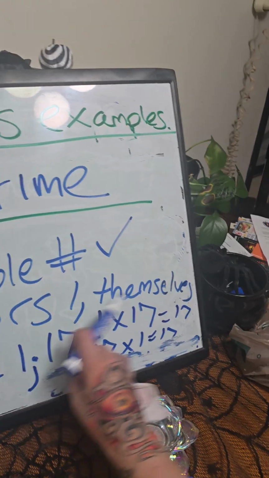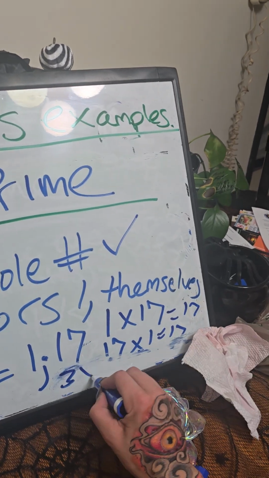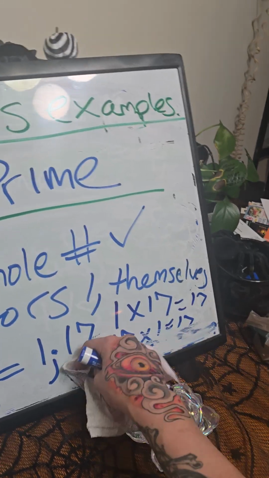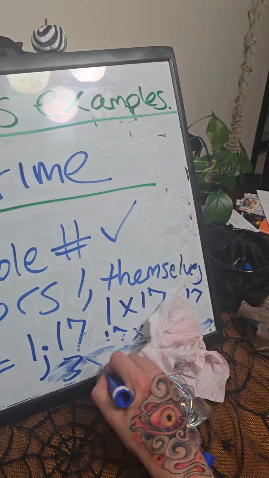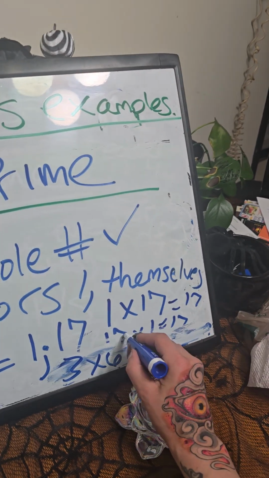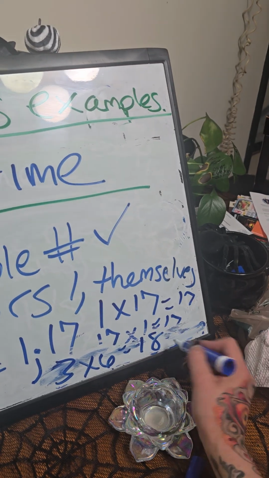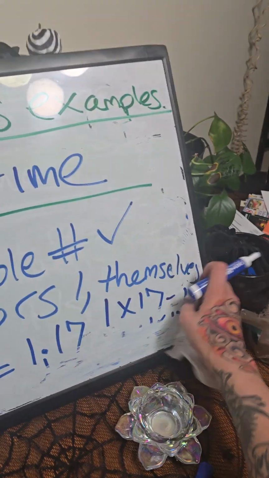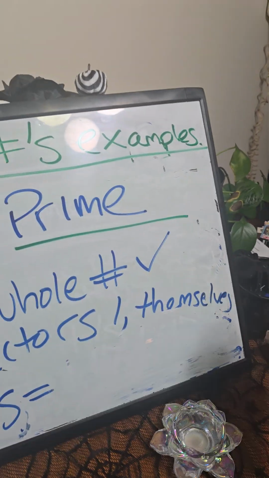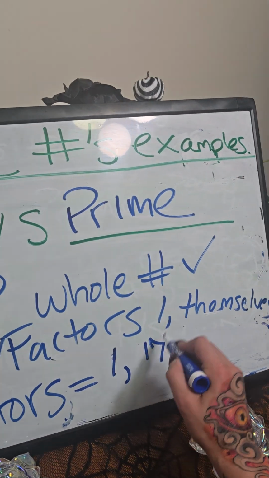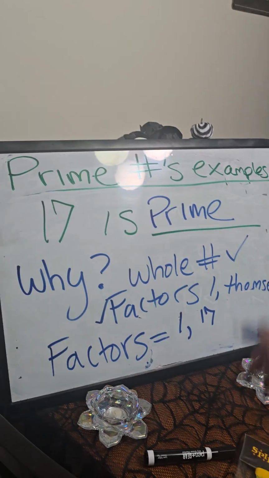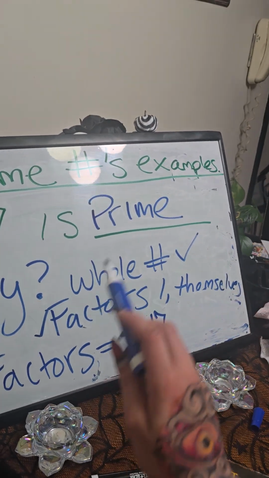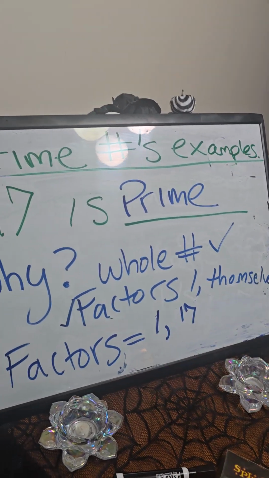Okay, that won't work. What about 3 times 5? 15. Oh, that's closer to 17. Let's try 3 times 6. 18. We're still missing 17. So you can only multiply and divide 17 by 1 and 17, meaning it's a prime number because the factors are only 1 and themselves, and it is a whole number.